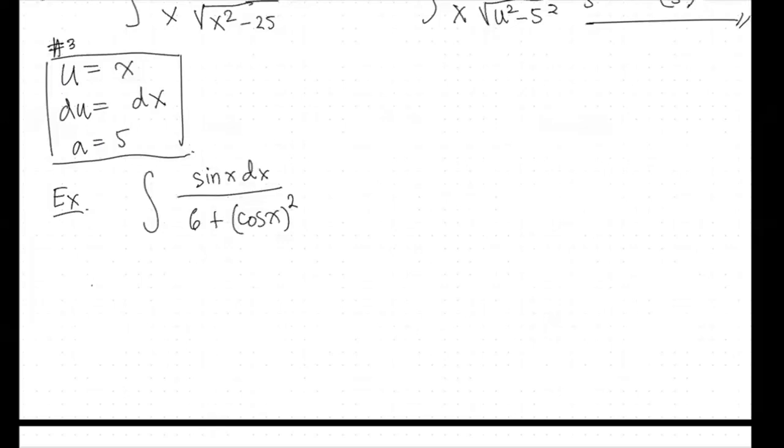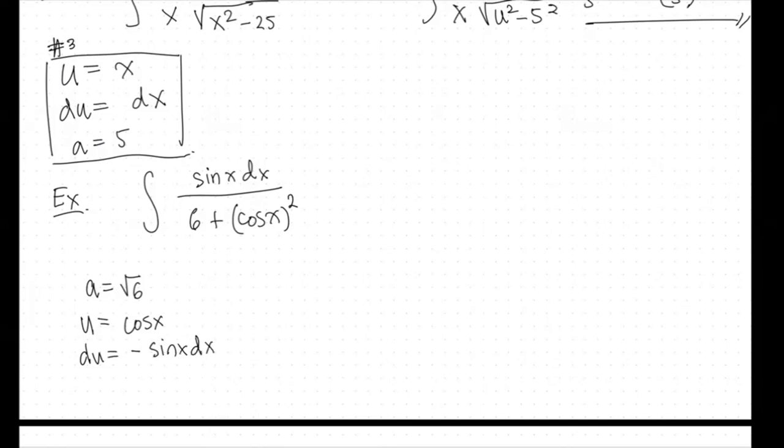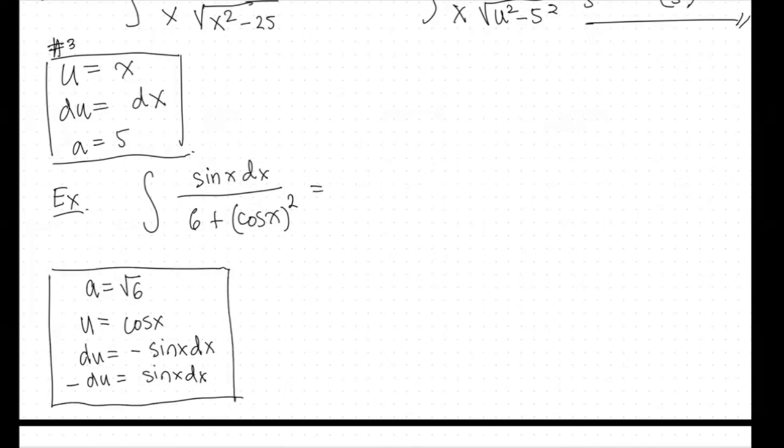In this case, a squared is 6, so a is square root of 6. Do not simplify the square root of 6. And then u here: cosine squared is u squared, so your u is cosine of x, and your du is just negative sine of x dx. And again, negative du is sine x dx, so put this in a box and rewrite everything in terms of u.